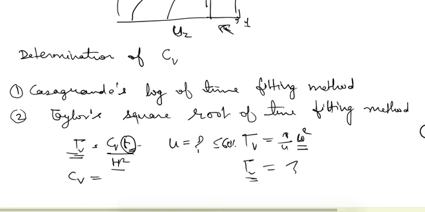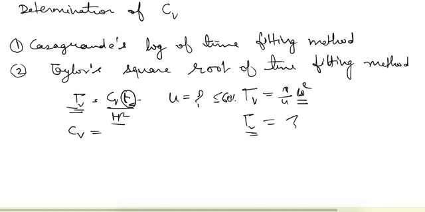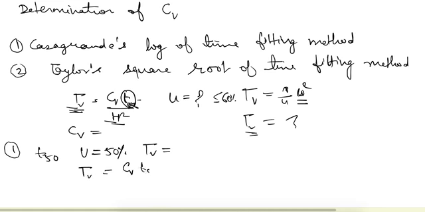The difference between these two methods is, in the first one we calculate the time for 50% consolidation, and for that we will find out the value of TV. So we know H, we know TV, and we know T50. So here it will be TV is equal to CV T50 divided by H square.